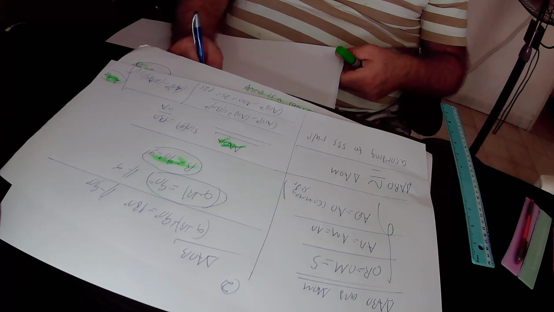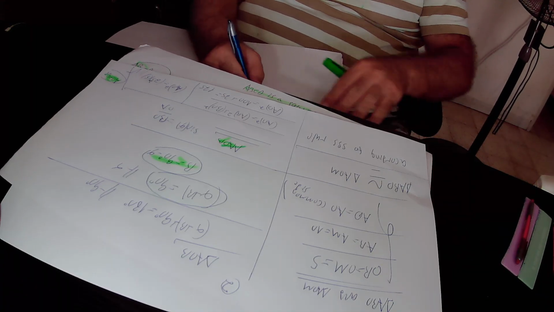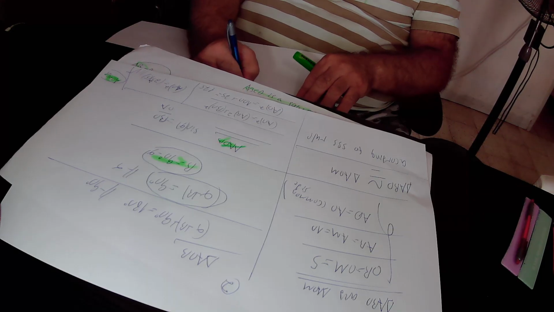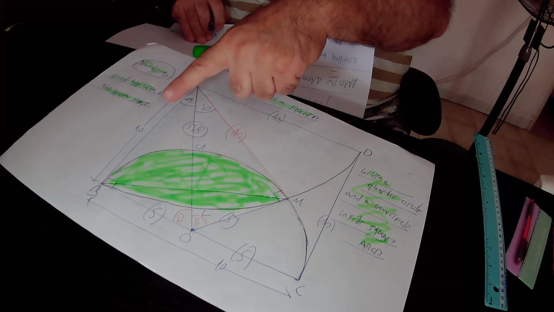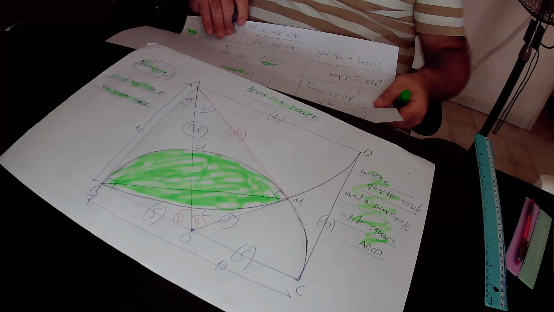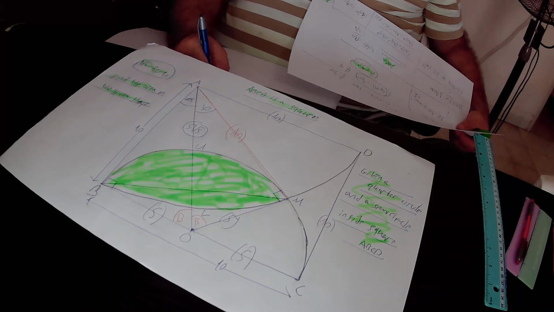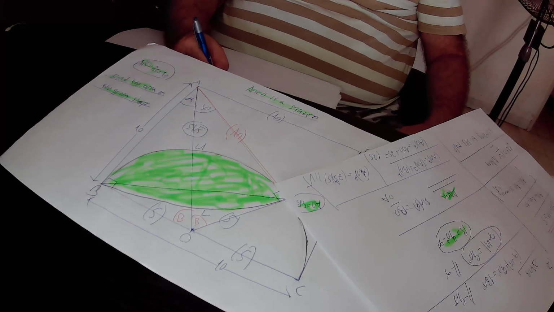So sine alpha equals BO, BO is 5, over AO. We just write down further that AO equals 5 times square root of 5.